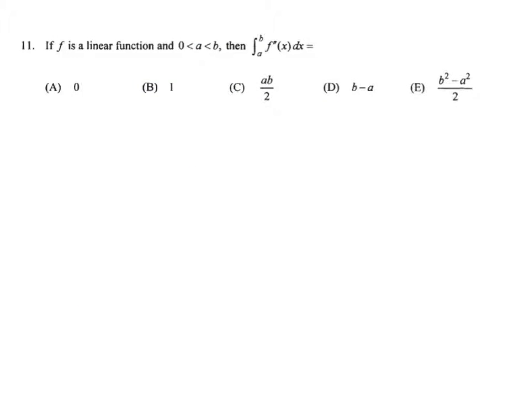All right, so the key on this problem is to realize that it says that f is a linear function. So that means that f of x is something like ax plus b. That means that f prime is equal to a, which means that f double prime is equal to 0. Of course, the second derivative of a linear function is going to be 0 because there's no concavity.